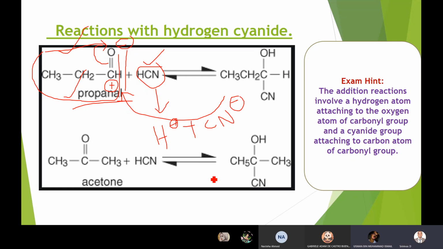So CN- will attack here. You see, nothing else changes. There is no change on the other carbons. Only the carbonyl carbon gets the attachment. See the CN carrying a negative charge: this negatively charged CN acts as the nucleophile, which attacks this carbon.